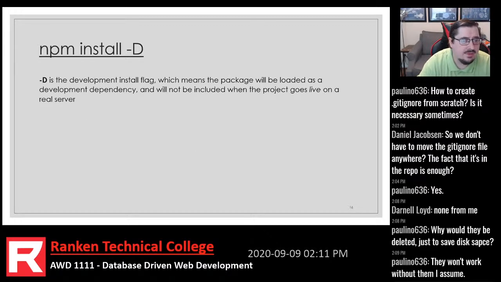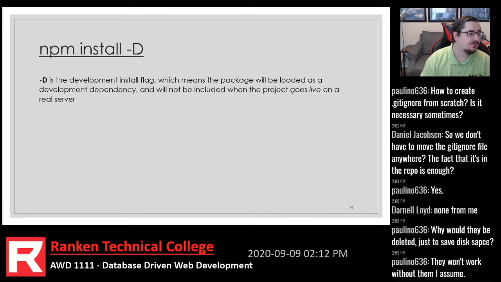I can also add the -D flag. Now note that -g needs to be lowercase, -D must be uppercase. -D is the development install flag. And what this does is it says we're installing this package as a development dependency. What this means is we're only using this package while we're building the project. So a developer would need this, but you don't actually need it to run on a production server.